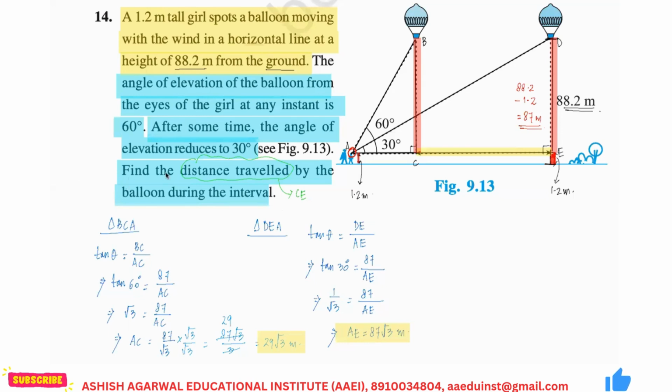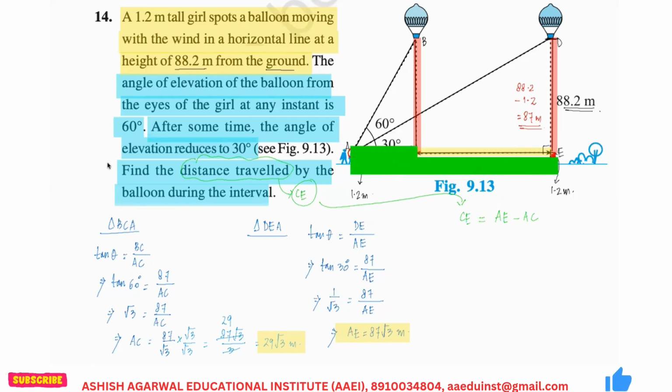Now, we'll come to the actual question. We need to calculate CE. Distance traveled by the balloon is CE. And from the figure, CE is the difference between AE and AC. Understand the diagram carefully. If from this total value AE we subtract the AC value, we are left with only CE.